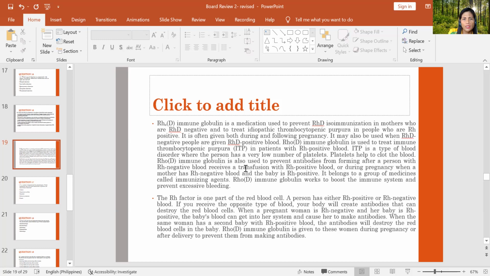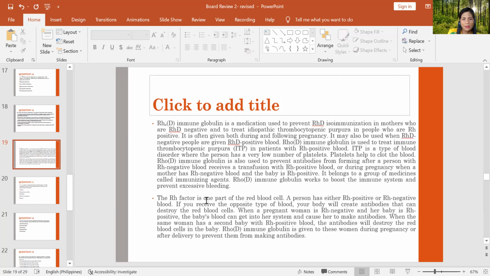RhoD immune globulin is also used to prevent antibodies from forming after a person with Rh negative blood receives a transfusion with Rh positive blood, or during pregnancy when a mother has Rh negative blood and the baby is Rh positive. It belongs to a group of medicines called immunizing agents. So, RhoD immune globulin works to boost the immune system and prevent excessive bleeding.